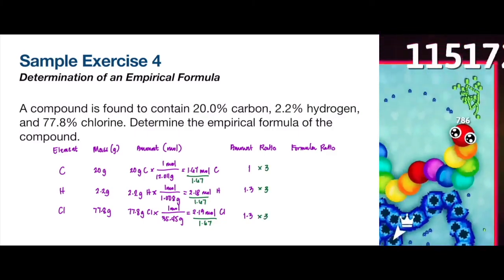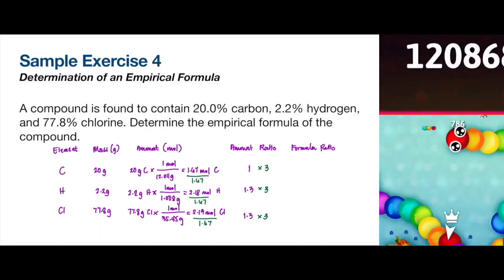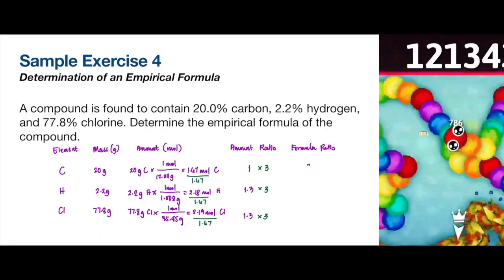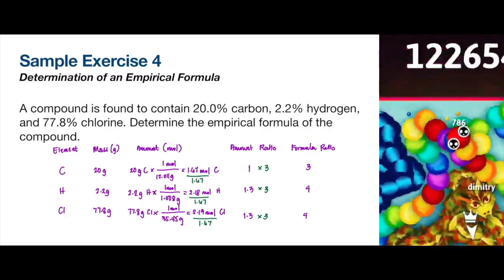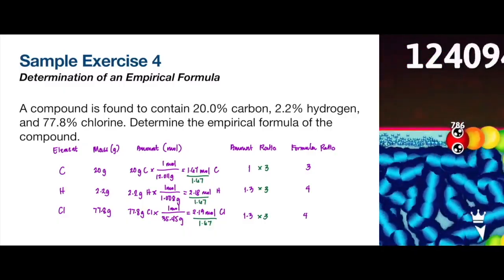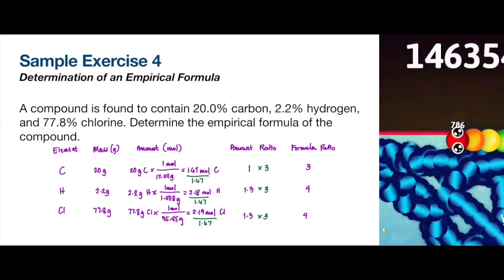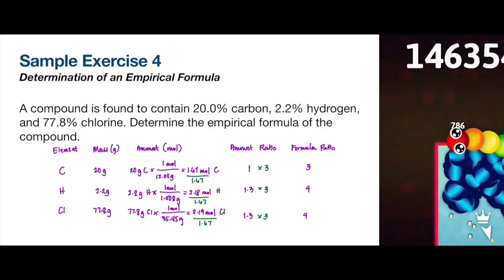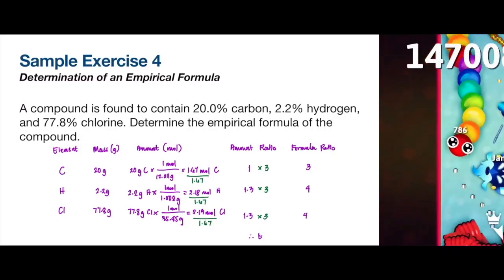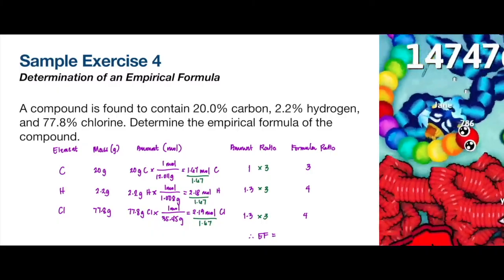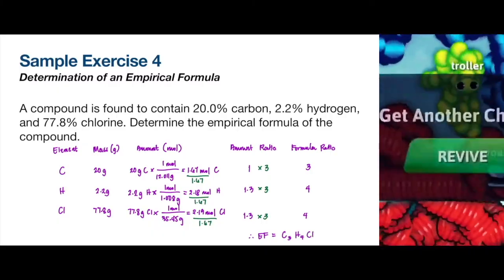So, multiplying each number in the amount ratio by 3, our formula ratio is going to be 3 for carbon, 4 for hydrogen, and 4 for chlorine. So, therefore, the ratio of carbon to hydrogen to chlorine is 3 is to 4 is to 4. With that formula ratio, our empirical formula is going to be C3H4Cl4.